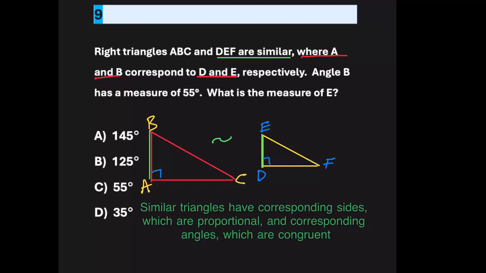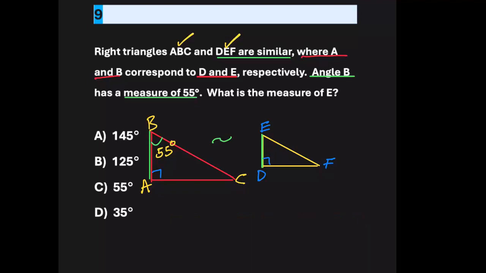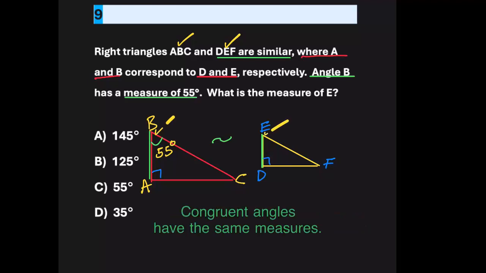So angle B, which is this one, has the measure of 55 degrees. Angle B, which is in the middle, corresponds to E, which is in the same location. So this angle corresponds to this angle, and it has the same measure. Therefore, this angle is also 55 degrees, and the answer is right here.